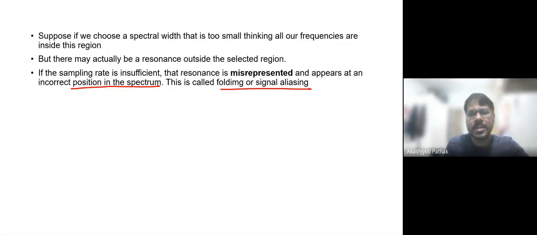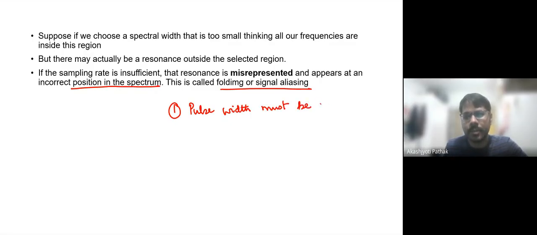In the practical aspects of FTNMR, first of all, we learned that your pulse width must be calibrated because your pulse width controls the flip angle. Second, your detector axis is important, whether you are keeping it in the x-axis or the y-axis.